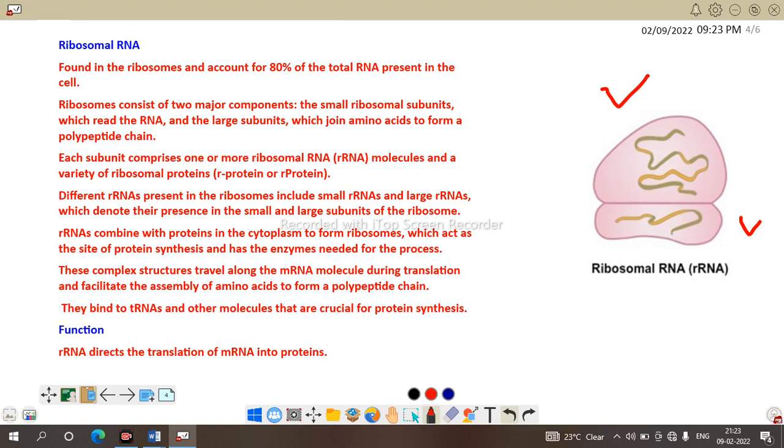This complex structure travels along the mRNA molecule during translation and facilitates the assembly of amino acids to form a polypeptide chain. They bind to tRNA and other molecules that are crucial for protein synthesis. So, as ribosomes are the site of protein synthesis, ribosomal RNA helps in protein synthesis.